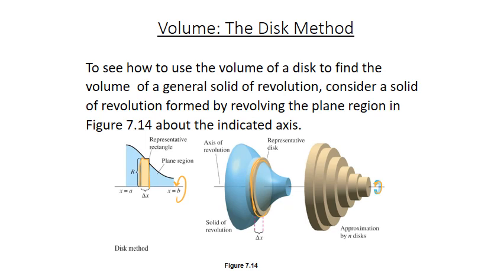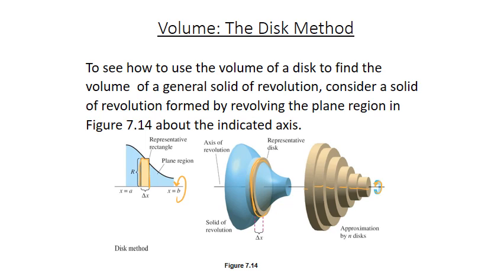If I take another disk and another disk and another disk over and over and keep revolving them, I'm going to have all these different disks in here. And really, I want to work toward an infinite number of disks, and we'll get to that shortly. But here, taking a small step, here's my representative rectangle.